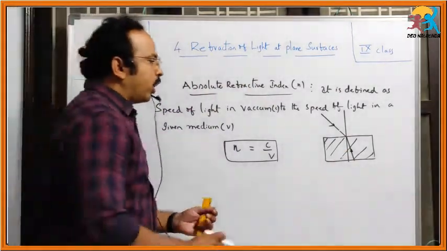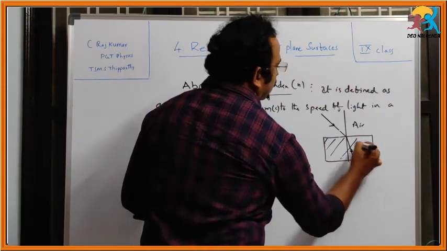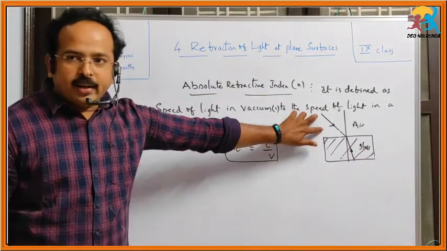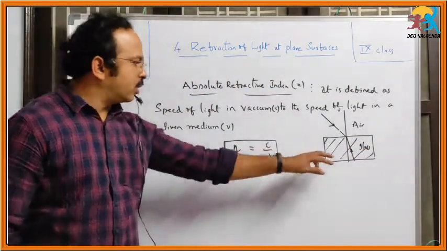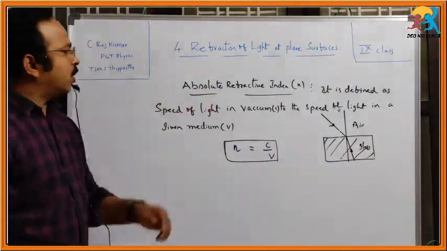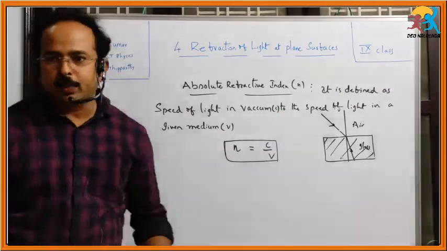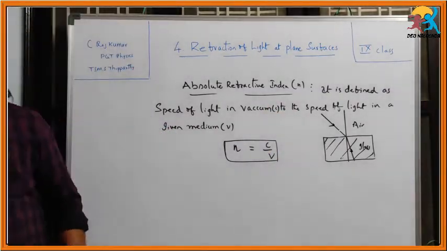Here this is called air, and this is called glass. The speed of light in air or vacuum is c. The speed of light in glass is called v here. So absolute refractive index is defined as the speed of light in vacuum to the speed of light in a given medium.